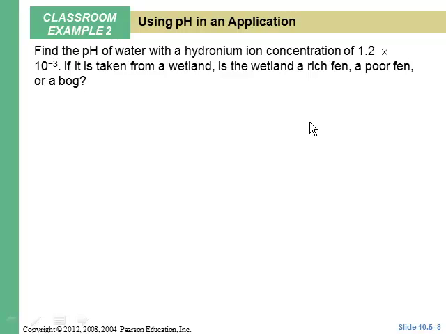Now, how do you use them? Well, one place that we use them is with pH. pH stands for the powers of hydronium ions. Find the pH of water with a hydronium concentration of 1.2 times 10 to the negative third. So we would say that is 0.0012.